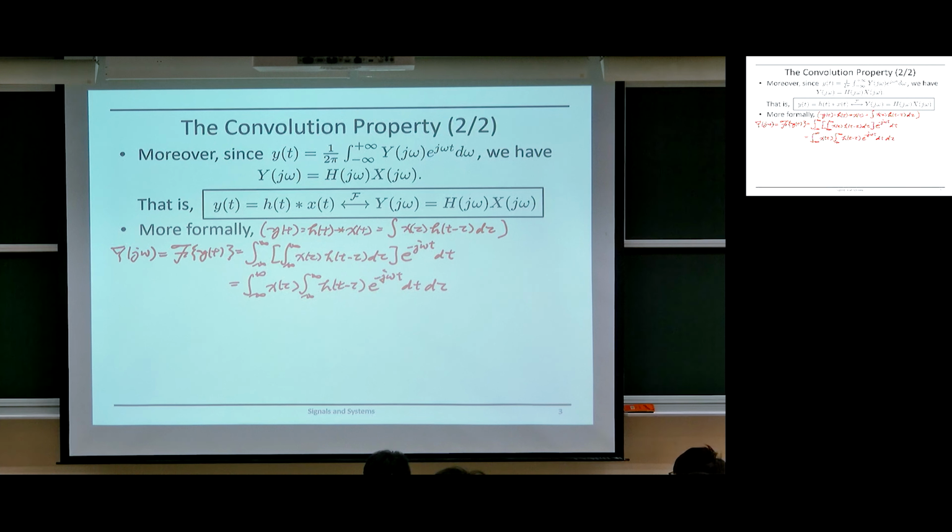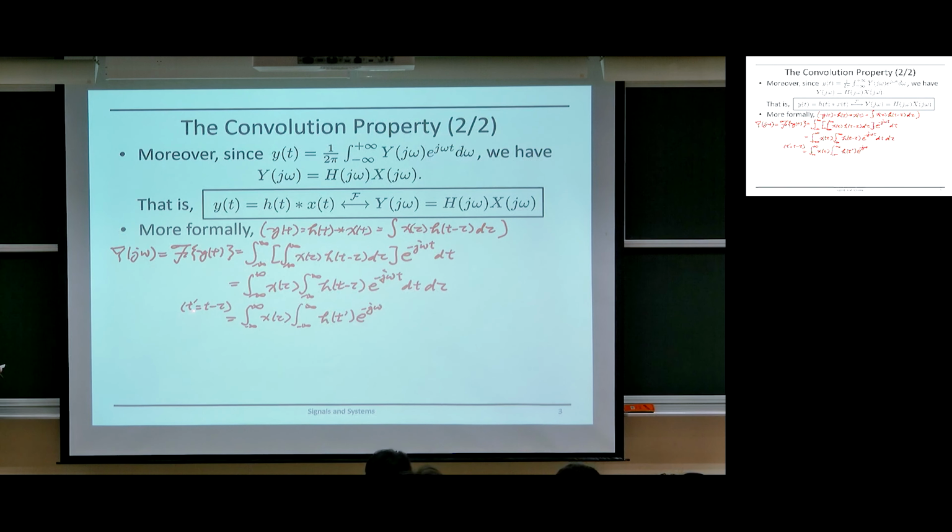Now let's do a change of variable where we let t minus tau be replaced with t prime. So suppose we let t prime be t minus tau. So this gives me h of t prime, e to the minus j omega.